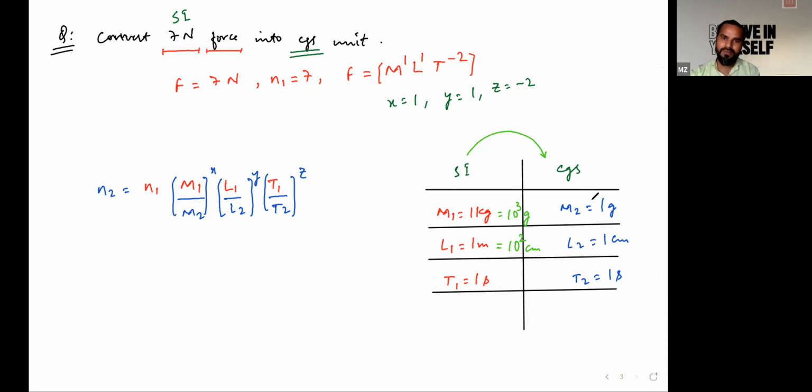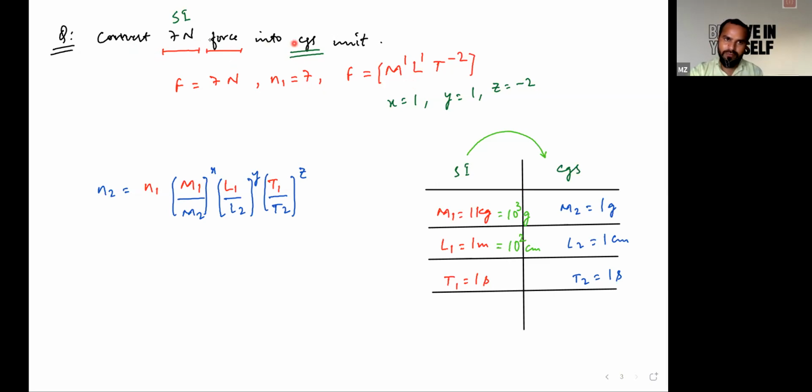Rishan, this part, which I have just converted from one part to another, or this part? This one.